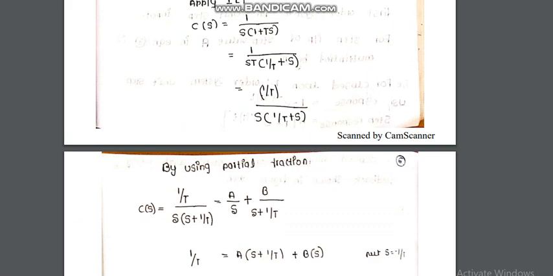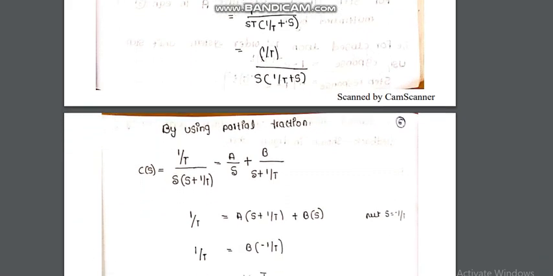Now how to simplify this? It is partial fraction. You have to apply partial fraction, you know. So C of s is equal to 1 divided by t, divided by s into s plus 1 by t, is equal to A divided by s plus B divided by s plus 1 by t.